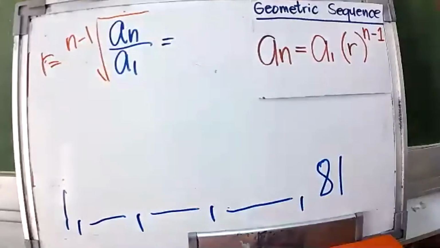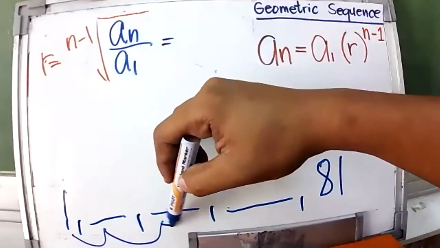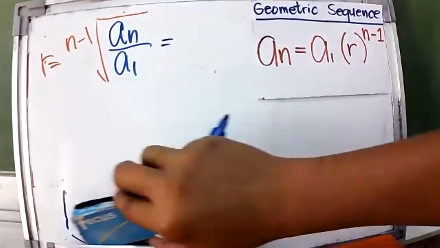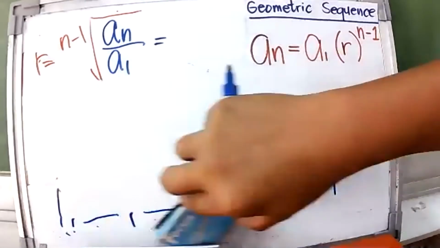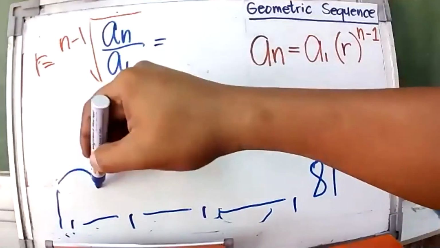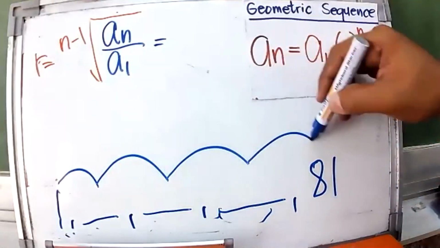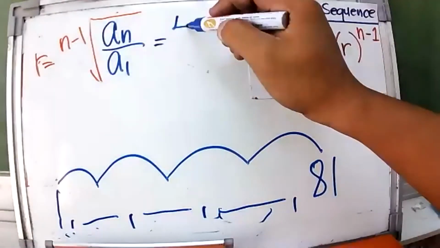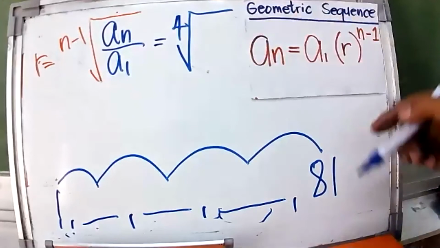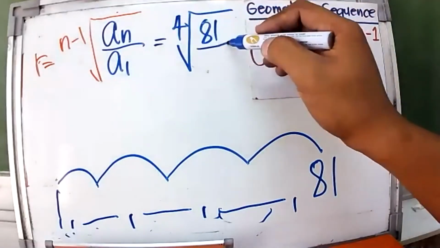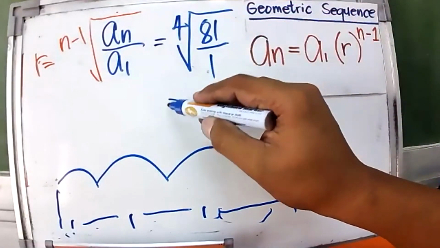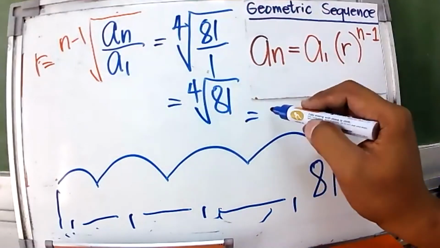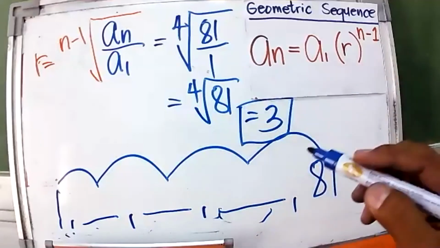How many movements is this? 1, 2, 3, 4. 4 or 5 terms, 5 minus 1, that's 4. So, 4th root of 81 over 1. And the 4th root of 81 is 3. So, that's my common ratio. Right?